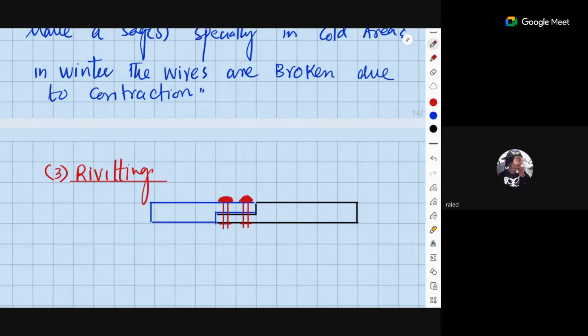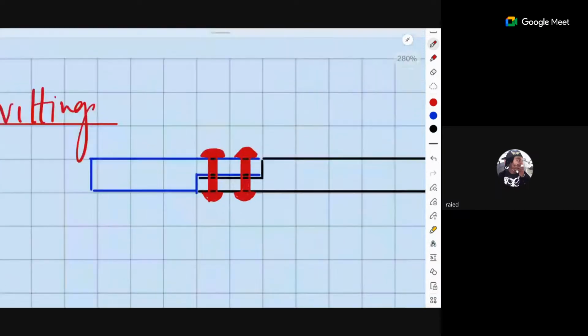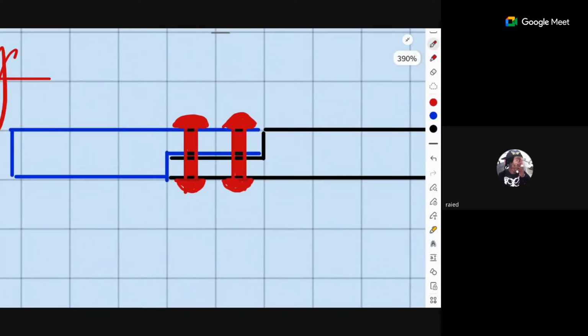Did you see these rivets anywhere? Yes. So these rivets are hot, and when you hammer them, they have a maximum length. So when they get colder, what happens? They contract, and while they contract, they fill these gaps.